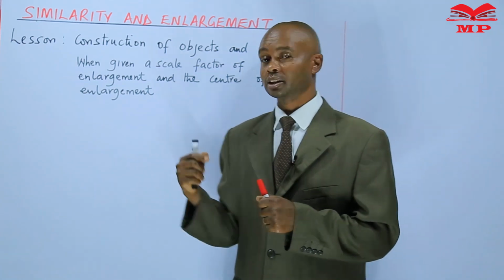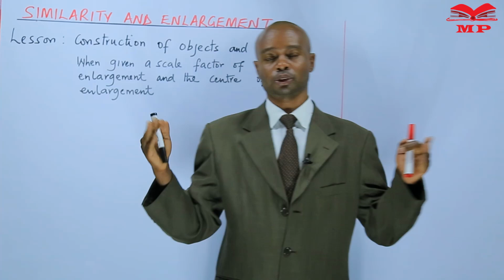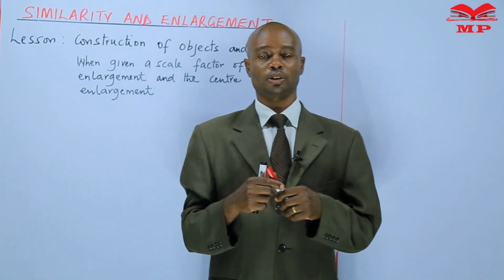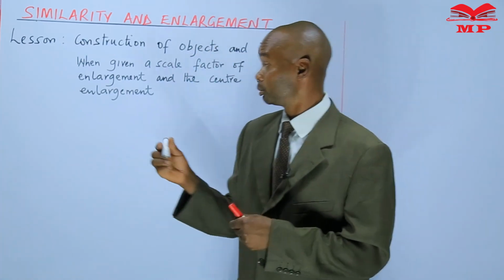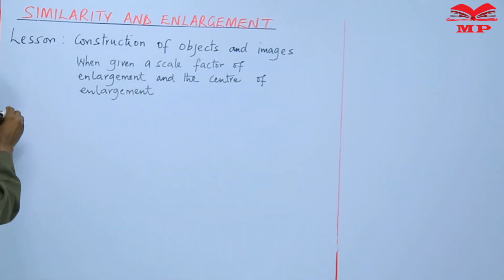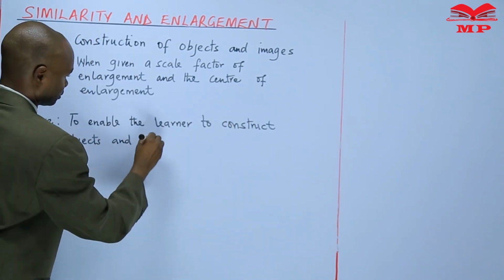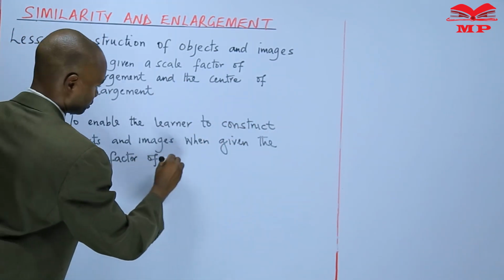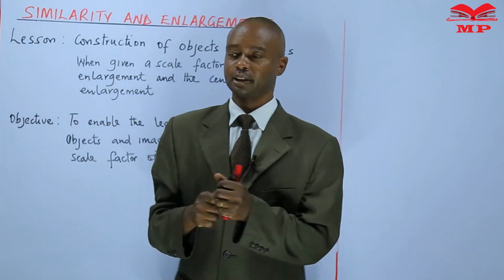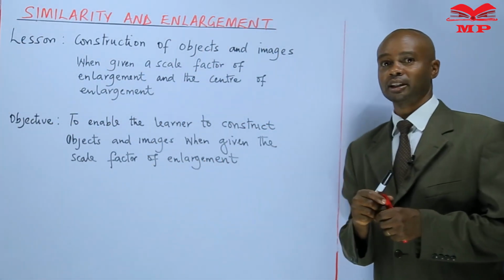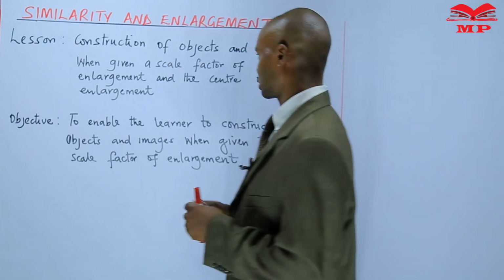And we also learned that negative enlargement occurs when they are on two opposite sides of the center of enlargement. Here you'll be given the scale factor of enlargement and the object.